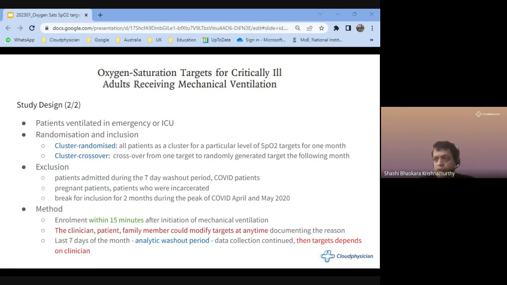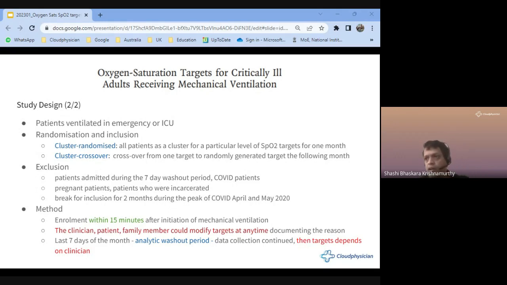And they excluded all COVID patients. Pregnancy and patients who were in the hospital when they were actually having some symptoms were not used for randomization. They did give a 2-month break during the peak of COVID between April and May 2020.